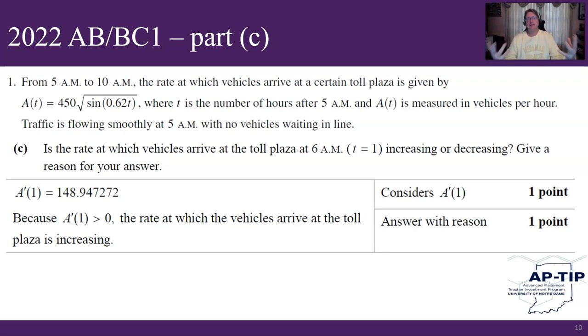It's not only considering A prime of 1, it went on to evaluate it. Now the explanation is that since A prime of 1 is positive, the rate at which the vehicles arrive at the plaza is increasing. Now the student wouldn't have to use such eloquent language as the rate at which vehicles arrive. A lot of times they just might say the word increasing, and that would be enough for us.